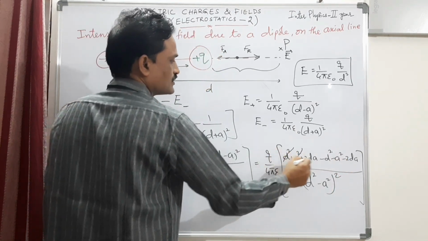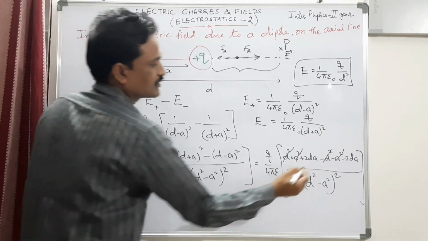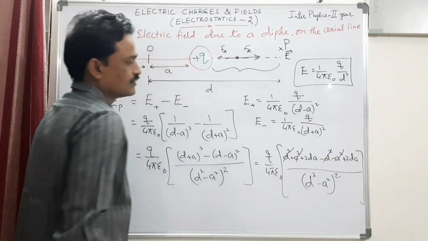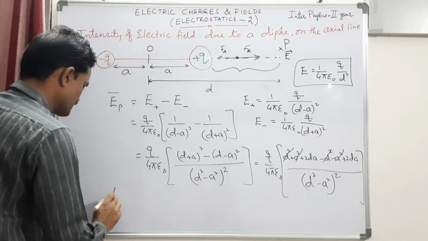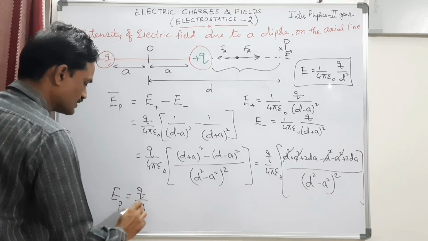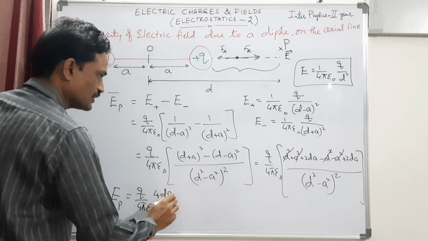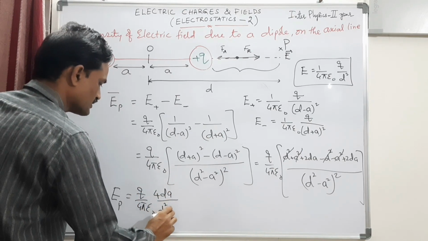So d square and A square will be cancelled. So you will get E P is equal to q by 4 pi epsilon naught, 4dA by (d square minus A square) whole square.